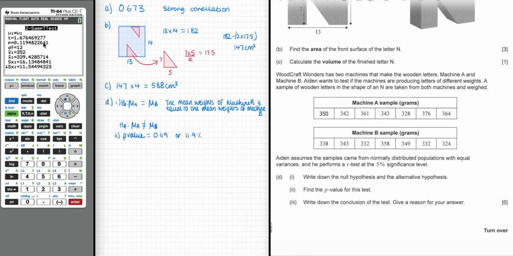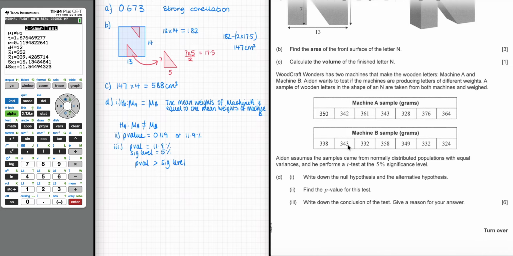And then for part 3, it asks us to write down the conclusion of the test. So since the p-value is 11.9%, but the significance level is 5%, the p-value is larger than the significance level.